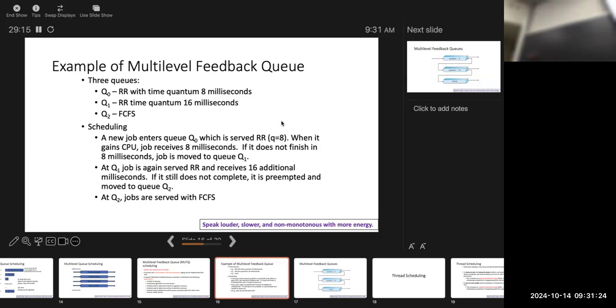So now you are basically getting 2 advantages. You have Q0 and you have Q1. The 2 advantages are that when I'm moving this process, let's say the process A, it first entered into this queue, but it didn't get completed in 8 time units.